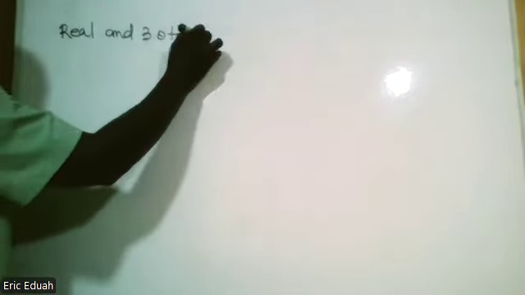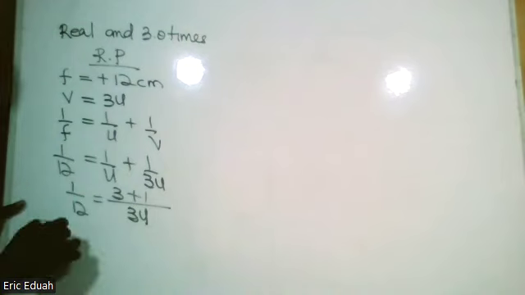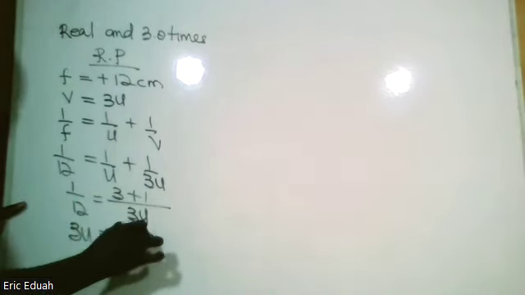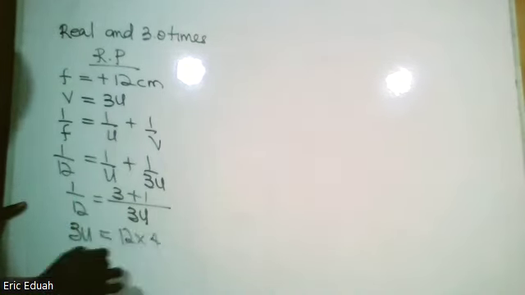So 3 plus 1 over 3U equals 1 on 12. So we have 3U equals 12 by 4. Divide 12 by 3, divide by 4, and you have U equal to 16 centimeters.